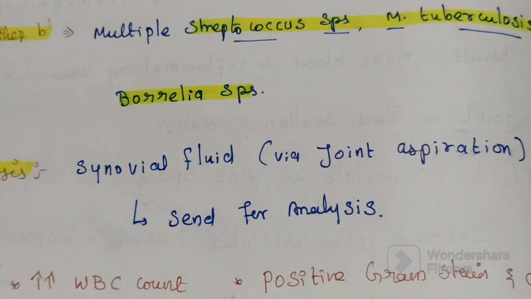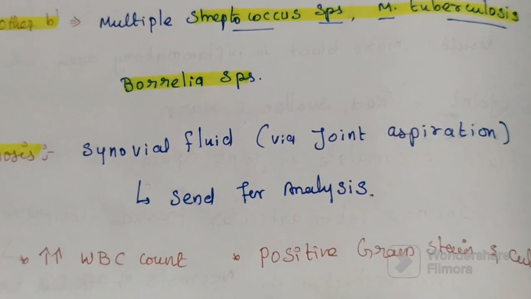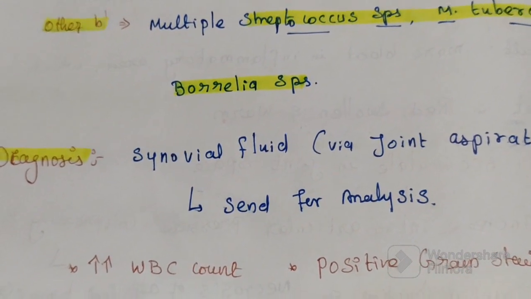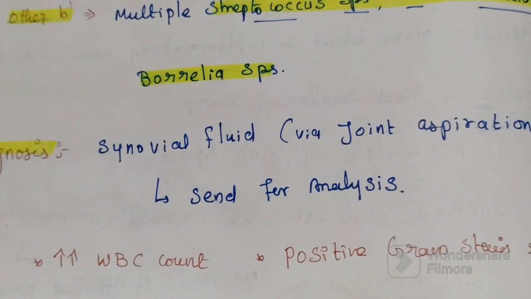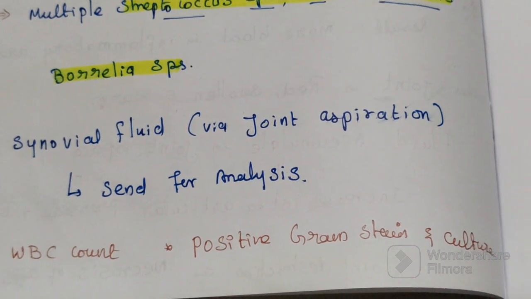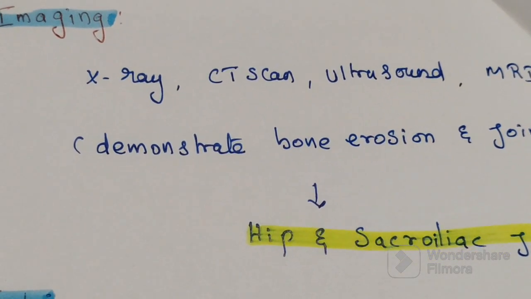That synovial fluid can be sent for further analysis. Typically, there is a high WBC count, then positive Gram staining and positive culture, which identifies the causative organism.